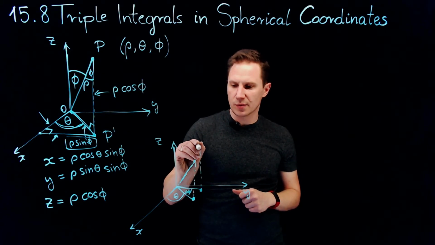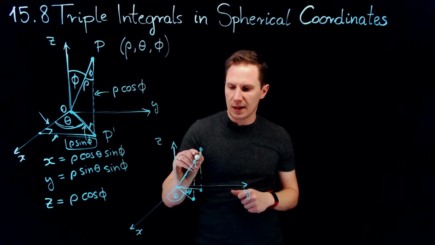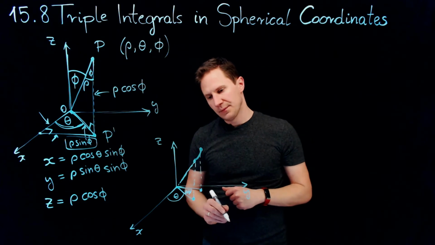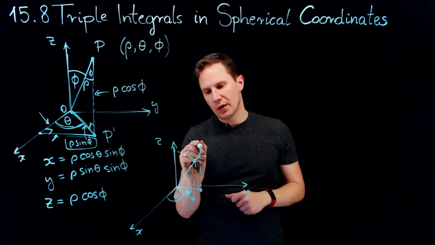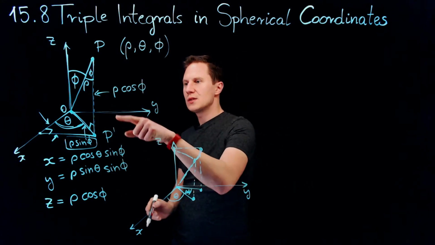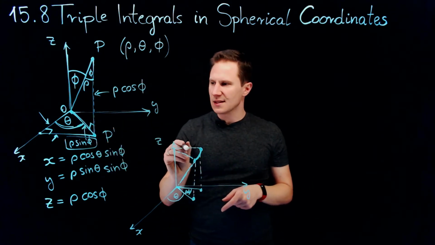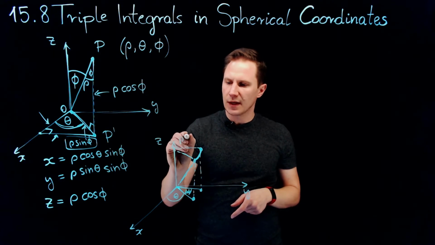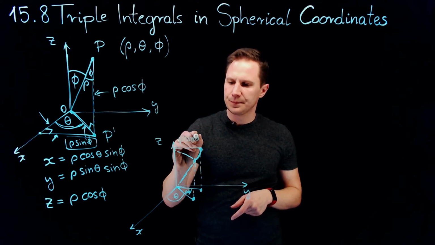So that of course corresponds to some point there. Here we have a circular arc, whose radius is just the same as we had here. So what's that radius? Well, that's rho times the sine of phi.